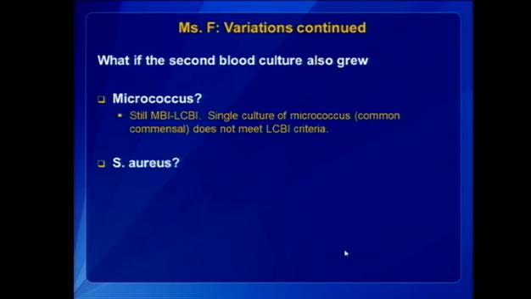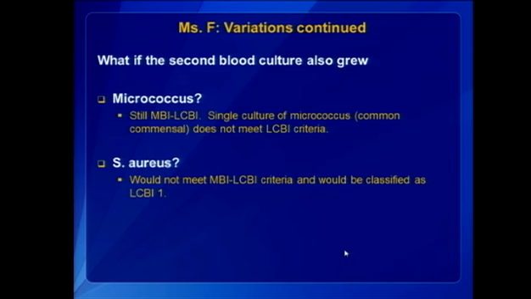What happens if it was Staph aureus? So instead of having just Viridans group strep, they also had that and Staph aureus in their blood. In that case, it couldn't meet MBI LCBI criteria because remember, criterion 2 can only contain Viridans group strep, and criterion 1 for MBI LCBI can only include a certain set of organisms, which are gut organisms.